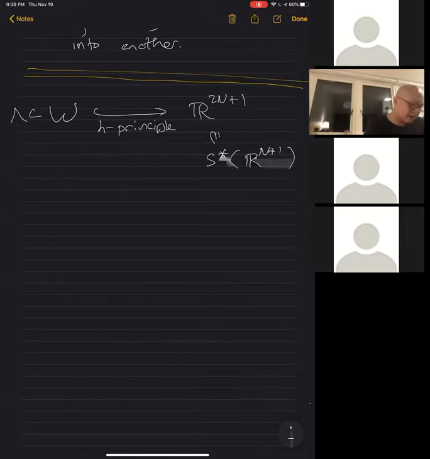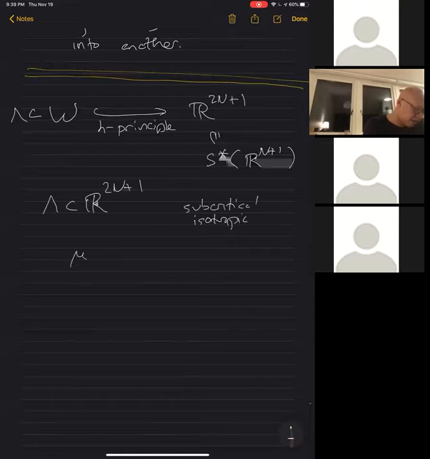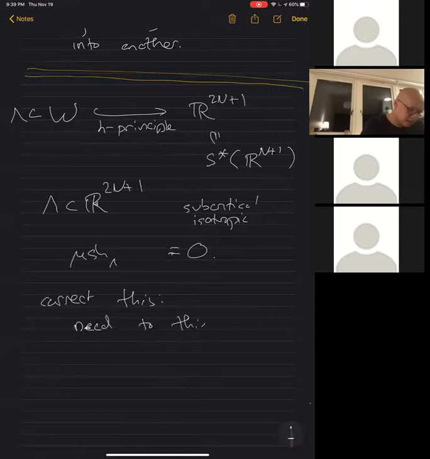But this Lambda inside R^(2n+1) will be very subcritical, isotropic. And so if I tried to consider mu sheaves on Lambda, this would just be 0. In fact, there was no need to take sections, it's just identically 0. To correct this, we need to thicken Lambda.